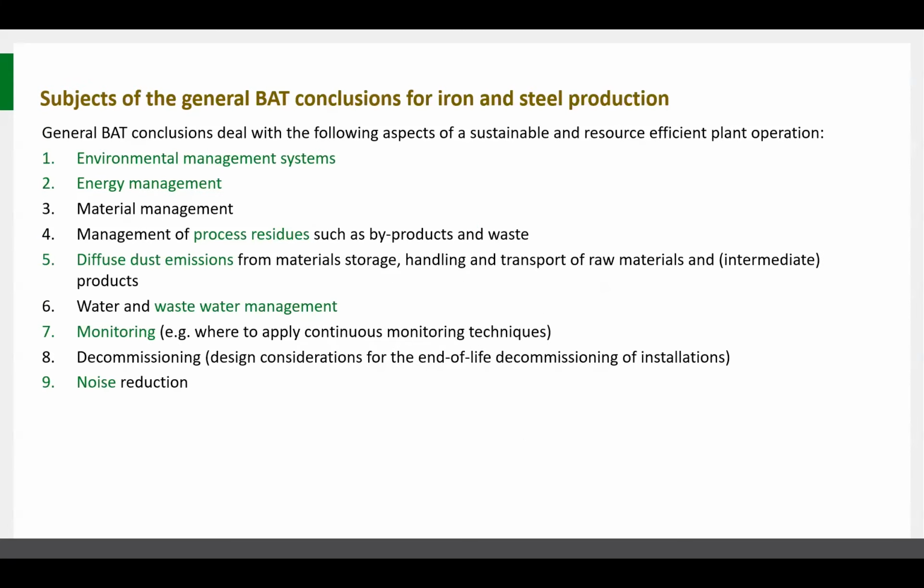In the general section, the general BAT conclusions for iron and steel production address, for example, environmental management systems, questions of energy management, material management, process residues, diffuse dust emissions, especially for material storage, handling, and so on. Then wastewater management, monitoring, decommissioning, and at last, noise reduction.